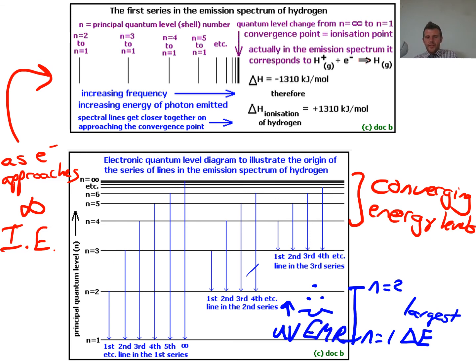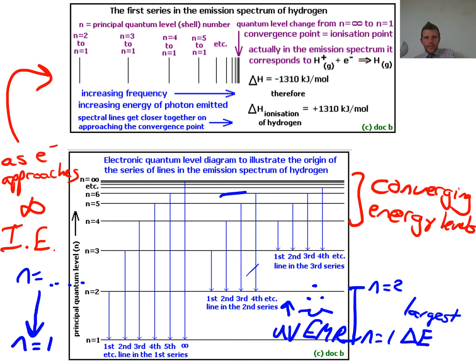In other words, if there's ever a transition from n equals whatever to n equals 1, we won't be able to see it because it exists at a frequency above the visible spectrum. Our eyes cannot register it.